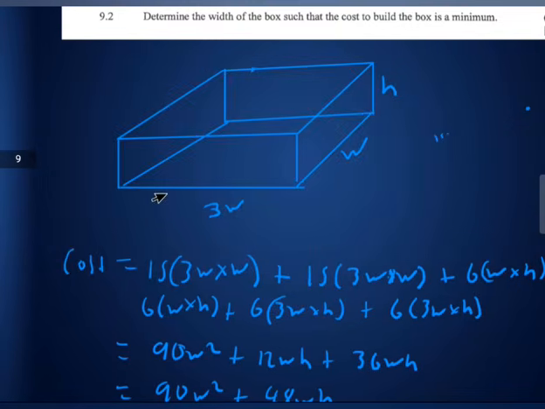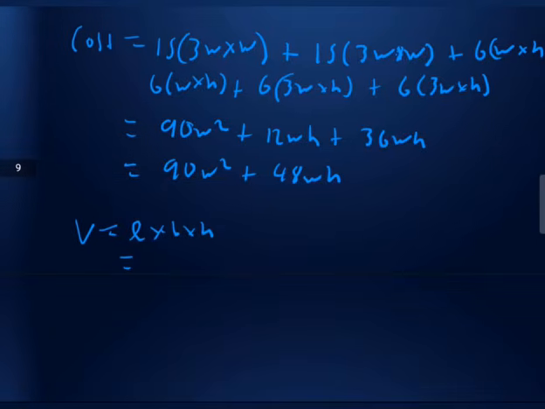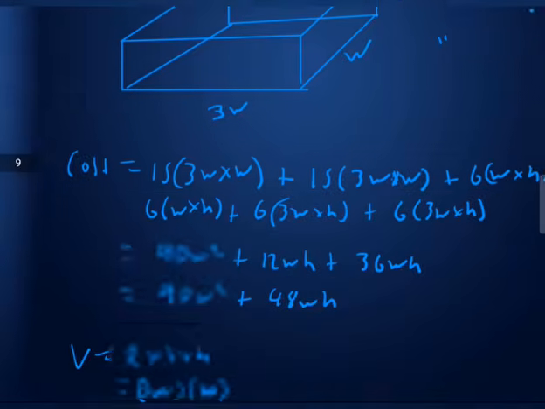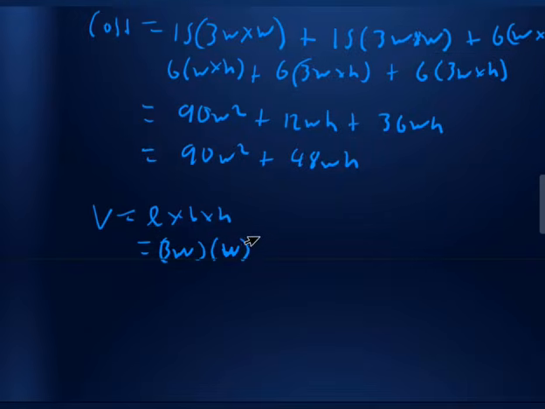The length is 3W. Then the breadth is W. So we're going to have 3W times W times the height, which is H. Therefore it's going to be 3W squared H.